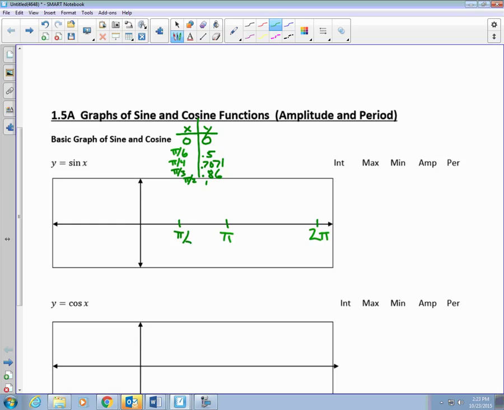Pi over 2. Now, very important that you understand this piece, otherwise you'll forget how to count. 1 pi over 2, 2 pi over 2, which is just pi. See? 1 pi over 2, 2 pi over 2, 3 pi over 2. There you go.